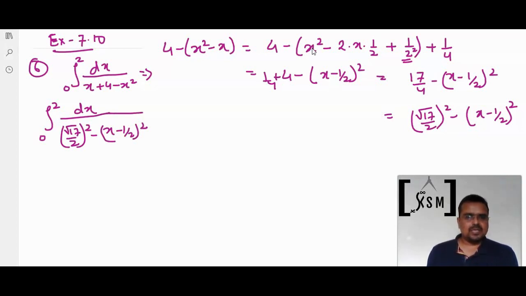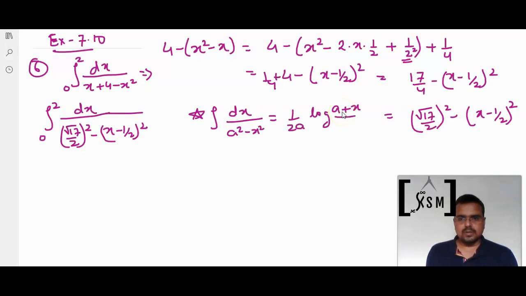Now if you remember, this is a formula, let me write down that formula for you. Dx over a square minus x square is 1 over 2a log of a plus x over a minus x. Good. So we'll use that. Here my a value is root 17 over 2 and x value is x minus half. So I'm using that.